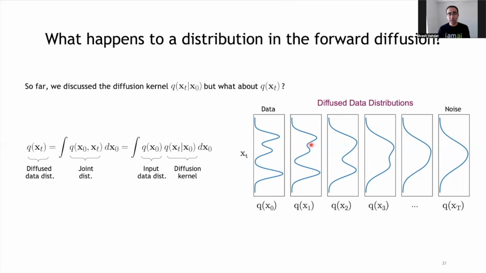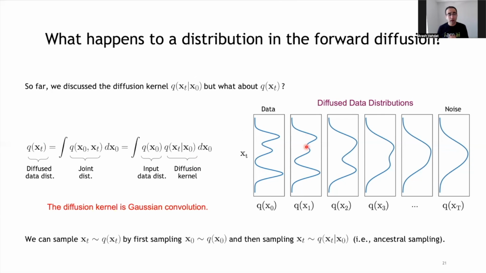As you see this smoothing process, we can actually show mathematically that the diffusion kernel in the forward process is applying a Gaussian convolution to the data distribution. So this smoothing process can be represented as a Gaussian convolution, a convolution in the sense of signal processing, that takes the input data distribution and makes it smoother and smoother, right?